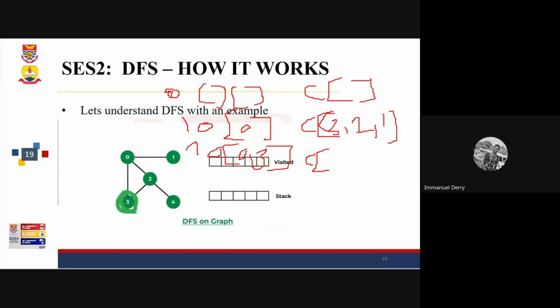At 3, we can actually visit 0, but 0 is already visited, so we don't have to go back to it again. What we have to do is move to the next node, which is 2 over here. So that is why we are having only 2 and then 1 inside the closed list.